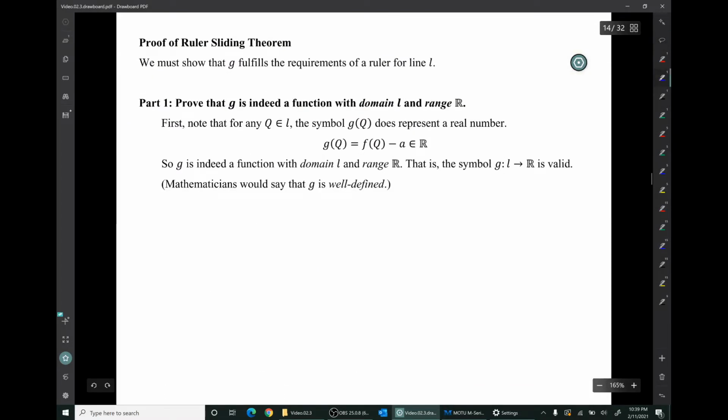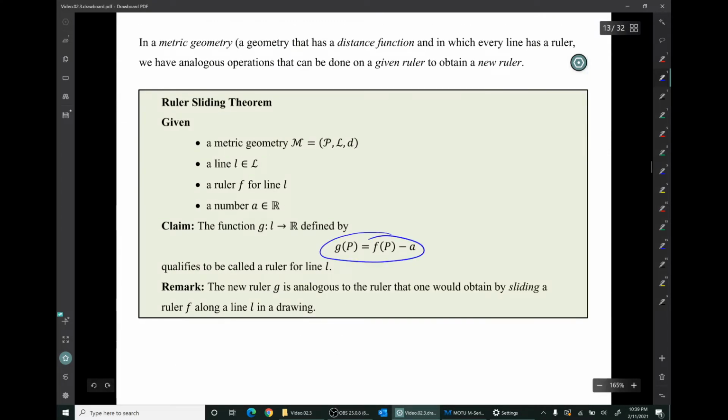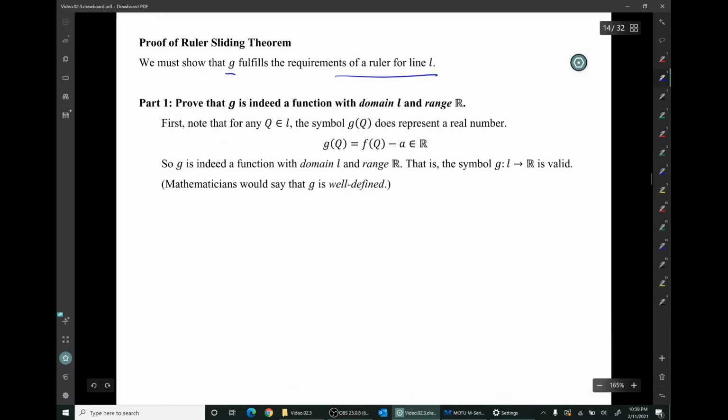Let's prove this theorem. We have to show that this g that I defined in the previous page fulfills the requirements of a ruler for line L. So g is defined this way. Well, what are the requirements of a ruler? Let's go back up and look at the definition of ruler.